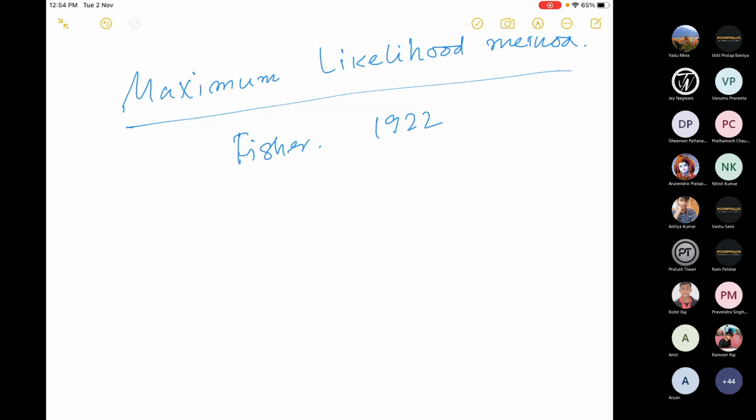Here, they first define a function called the likelihood function. This is the first thing we have to know. What is this likelihood function?